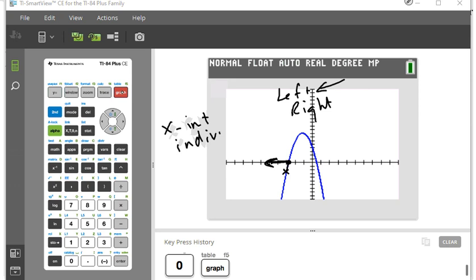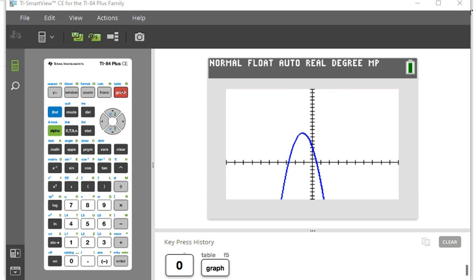But you have to be careful because if we're working with the other intercept and we have to be on the left side, to be on the left side of that intercept, we actually have to put our cursor slightly above because going above moves us left. Whereas for this intercept, to get to the left of it, we actually have to go below. So it takes a little bit of thinking, not quite as straightforward as some of the others.